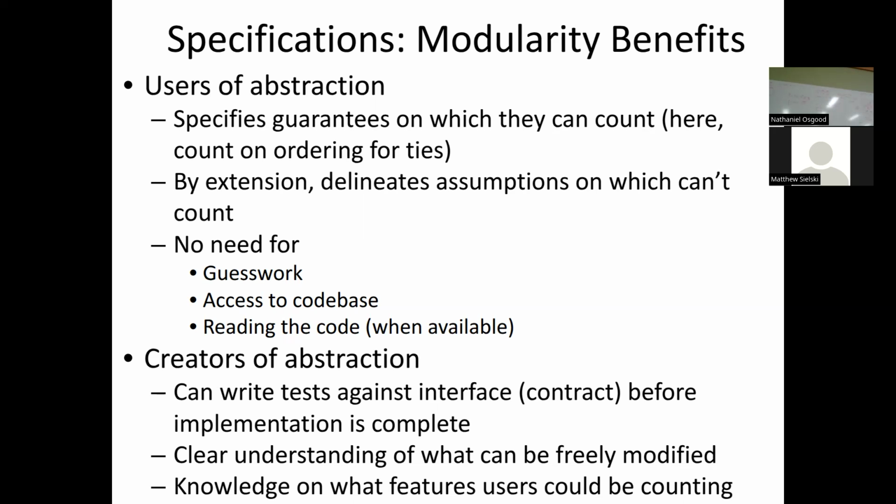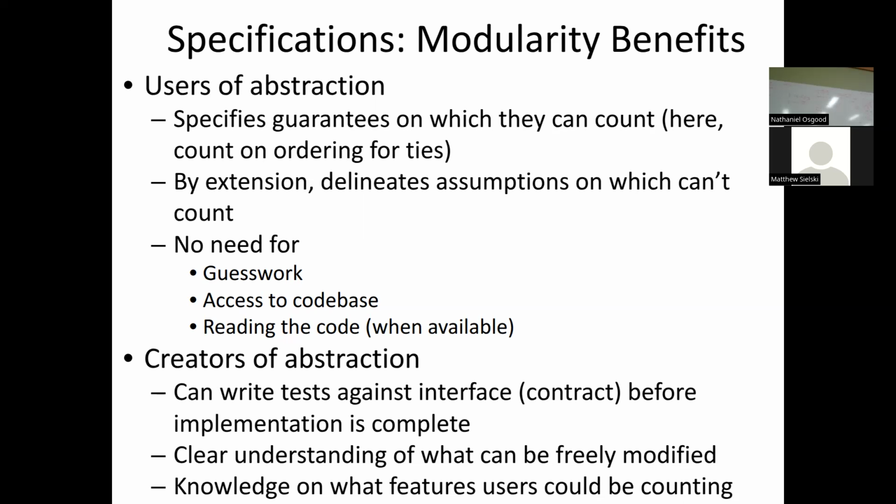So the users of the abstraction, like A over here, they get great benefits too, right? Because they can write code against the abstraction we're creating without risk that the world's going to be yanked out from under them because we're going to change C and it's going to break their code.